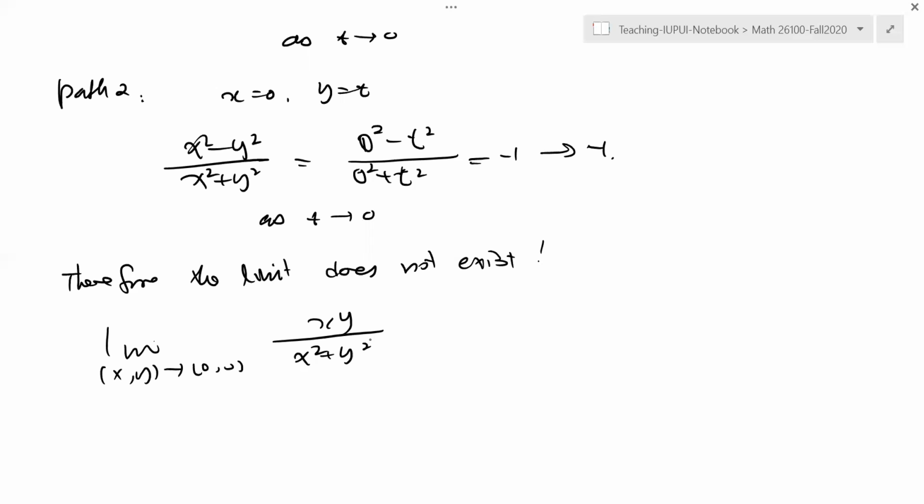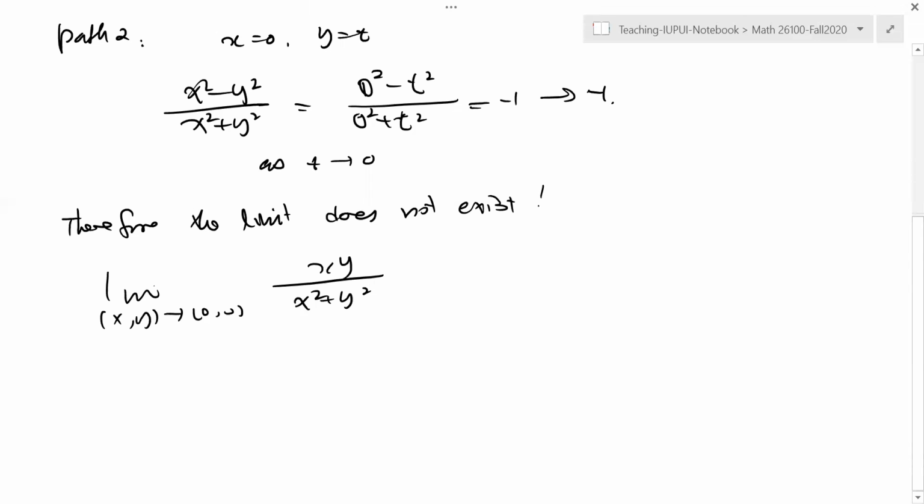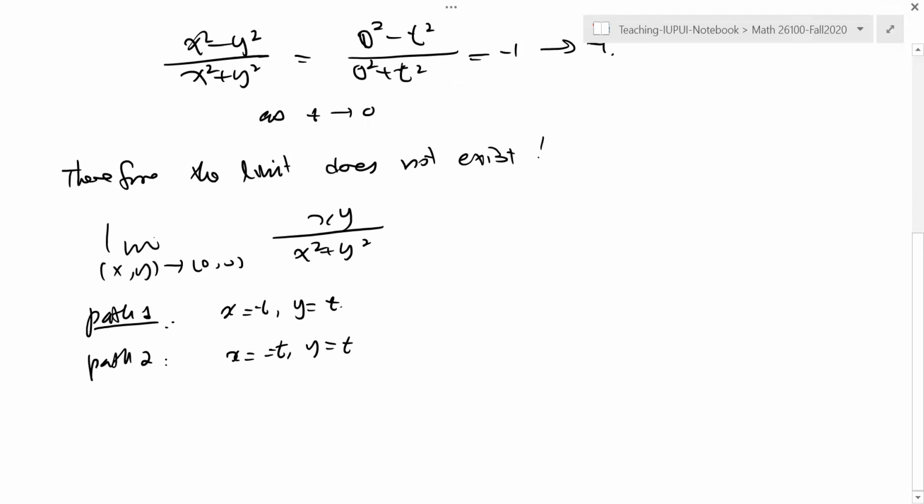You need to choose different paths. For the first path, let x be t, y equals t, for example. Then for the second path, let x be -t, y equals t. It doesn't matter, just not the x-axis and y-axis. Then the limits will be different.